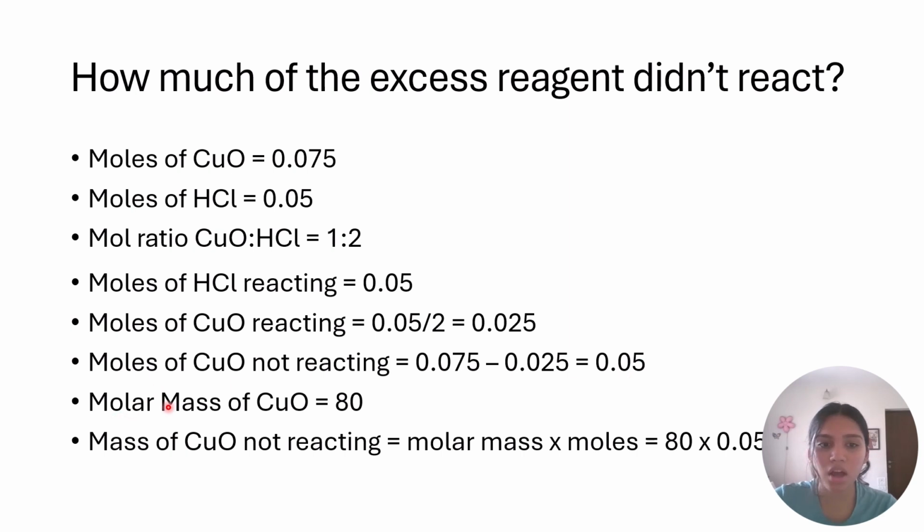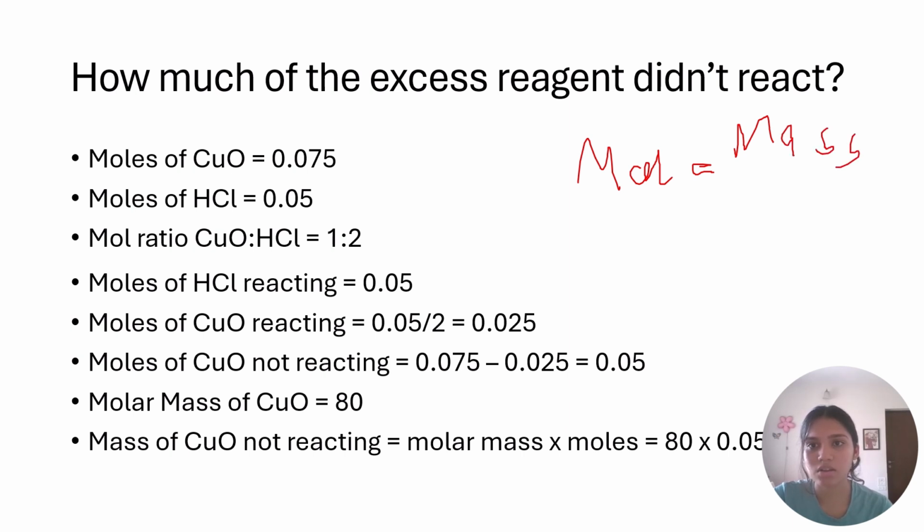We know that the molar mass of CO is 80. We also know that the equation for moles in solid form is moles is equal to, forgive my handwriting, mass over molar mass.